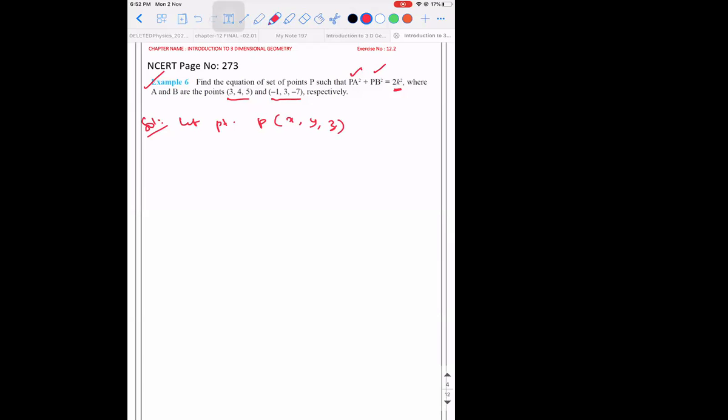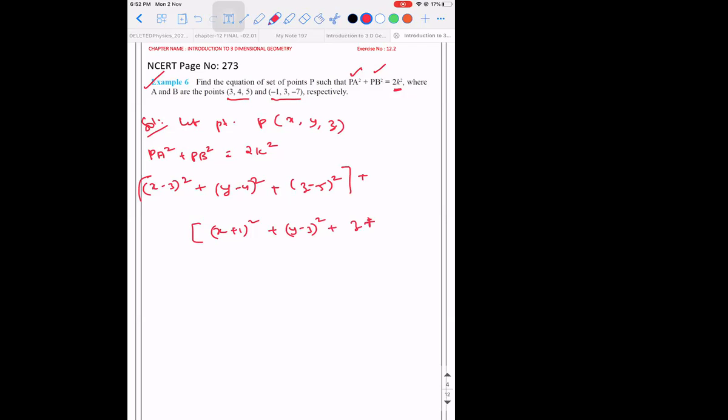So PA square plus PB square is equal to 2K square. What is PA square? It is (x minus 3) the whole square plus (y minus 4) the whole square plus (z minus 5) the whole square, plus what is PB square? (x plus 1) the whole square plus (y minus 3) the whole square plus (z plus 7) the whole square is equal to 2K square.